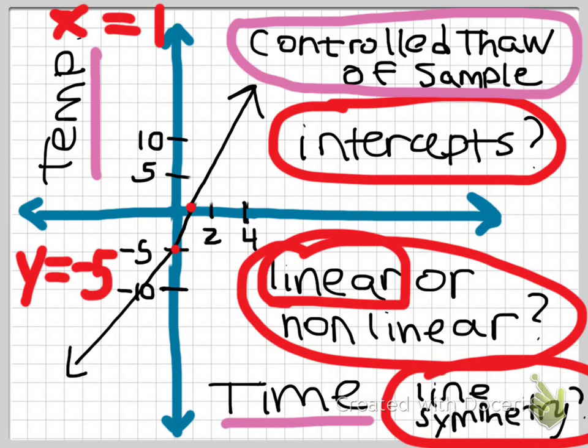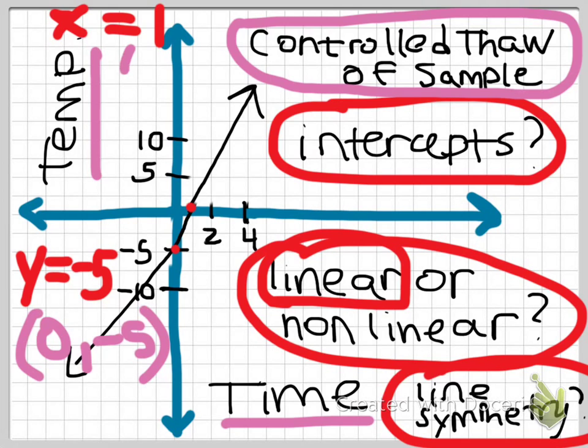So that would be when x is 0, because when each intercept is listed, the other part of the coordinate is 0. So if you think of x equals 1, the ordered pair that goes with that is 1, 0. If you think of y equals -5 as the y-intercept, the ordered pair would be 0, -5.